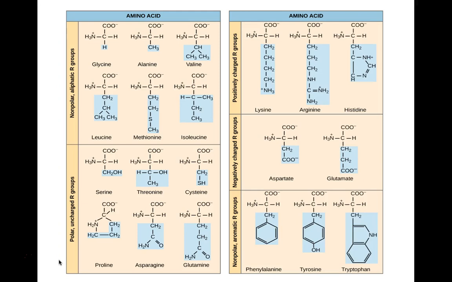If you take a look in the bottom right-hand corner for tryptophan, notice that it has, as part of its structure, these two geometric shapes, I call it a stop sign in a house. It's a very large, bulky side group. So amino acids have a wide variety of shapes and side groups.